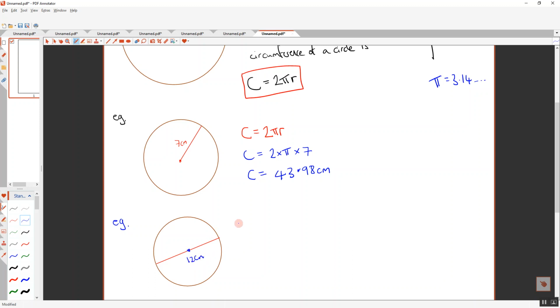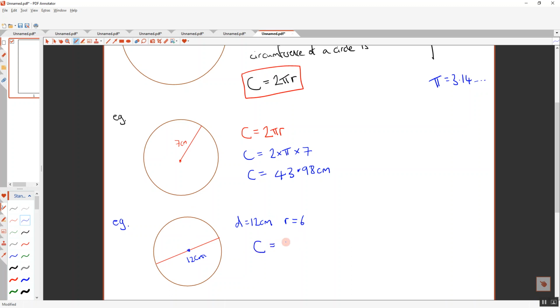Remember, the diameter goes the whole way across. So if the diameter is 12, what is the radius? Remember, the radius is half of the diameter. The radius only goes from the center point out. So the radius would be 6.